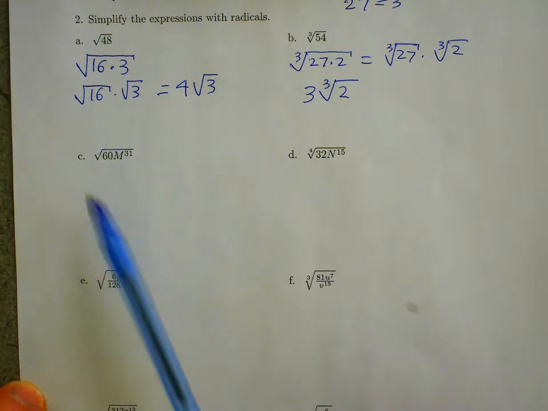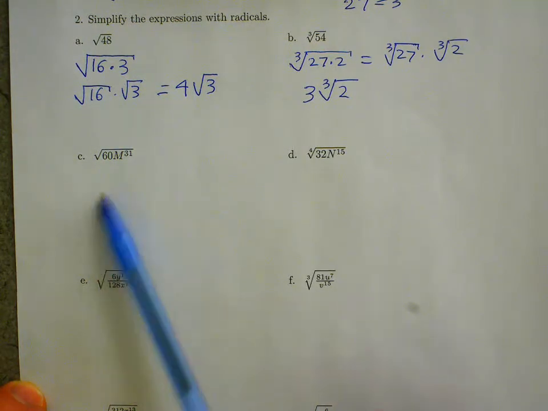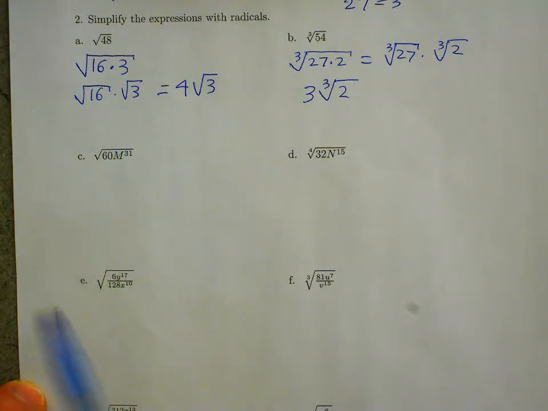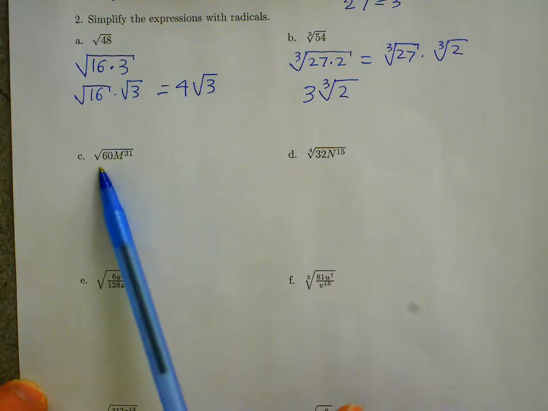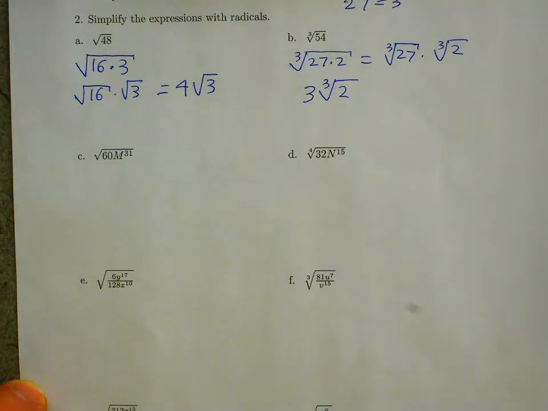And since 4 times 15 is 60, and 15 doesn't have any perfect square factors other than 1, 4 is the largest factor of 60 that is a perfect square, the largest perfect square factor.